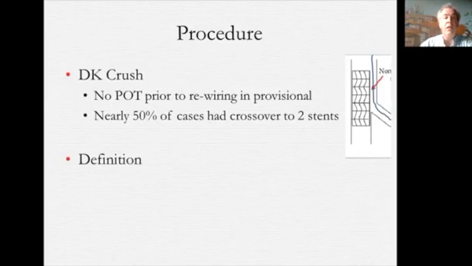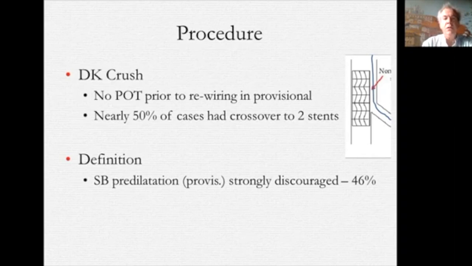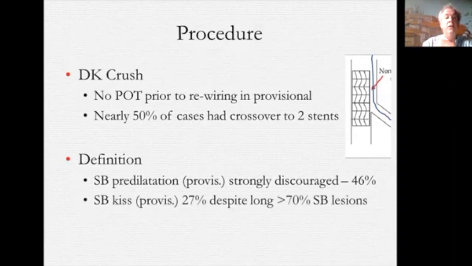If we look then at the DEFINITION study more recently completed, side branch predilatation was strongly discouraged, but still happened in nearly 50% of cases, and a side branch kiss in the provisional group was only seen in a quarter of cases, despite the fact that these were long and greater than 70% side branch lesions.